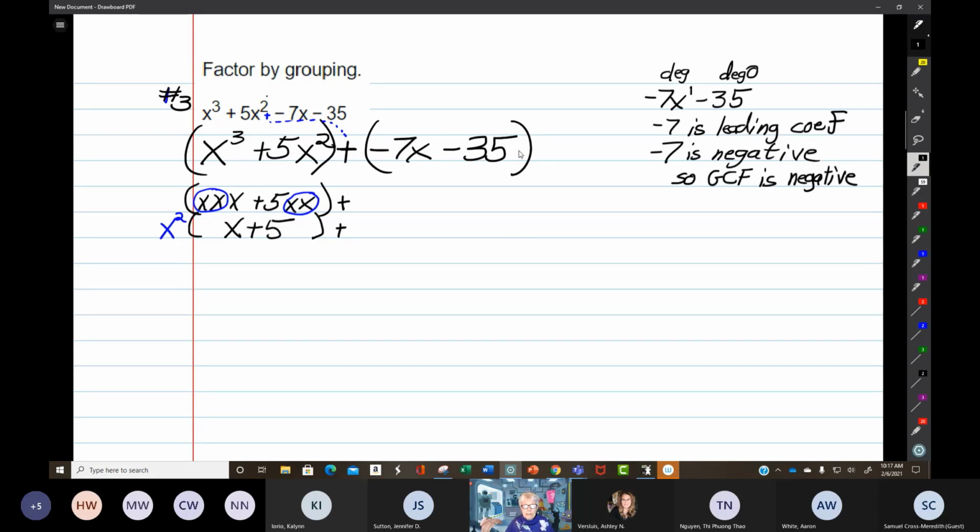So I'm going to have to rewrite the terms in this set of parentheses. Also, remember, there's an invisible plus sign here. This is -7x plus -35. Just so you know, I'm not putting in anything that's not already there.